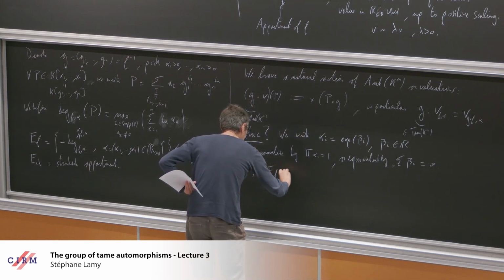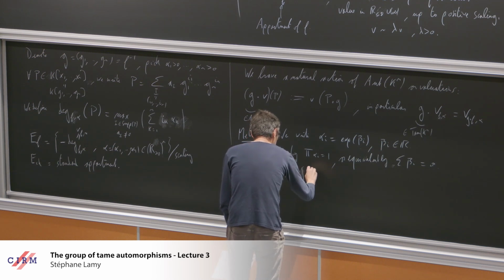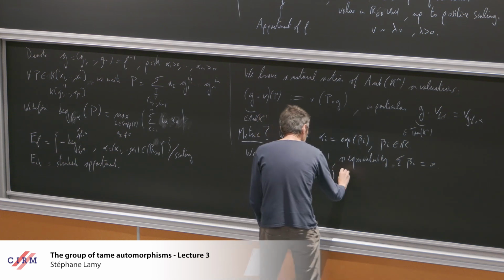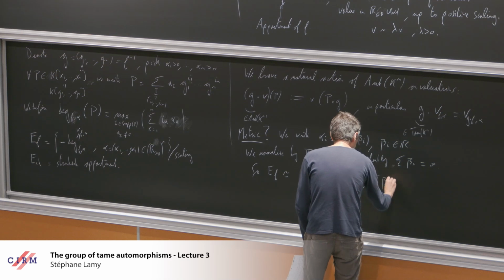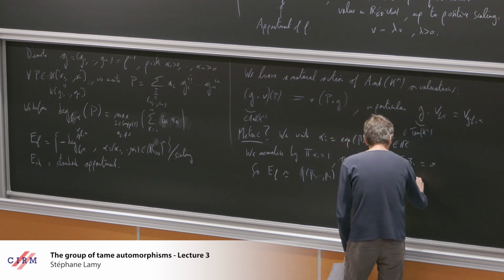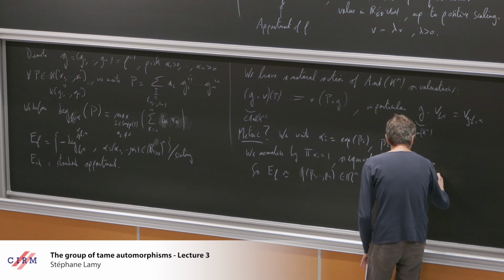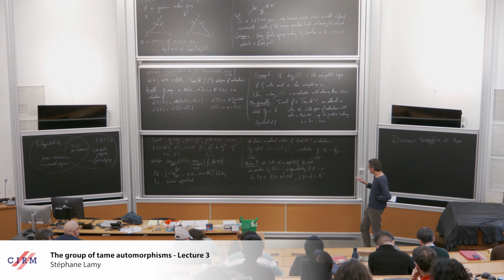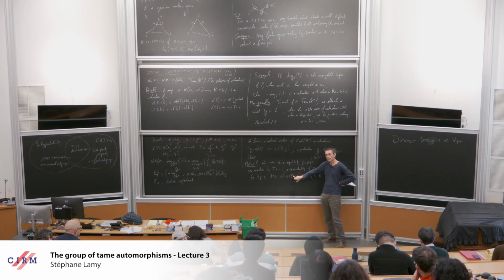So E_F is a space of the beta 1, ..., beta n in R^n such that the sum is 0. And so this is a hyperplane in R^n, so it's R^(n-1). And I put the Euclidean metric, this distance coming from this R^n.